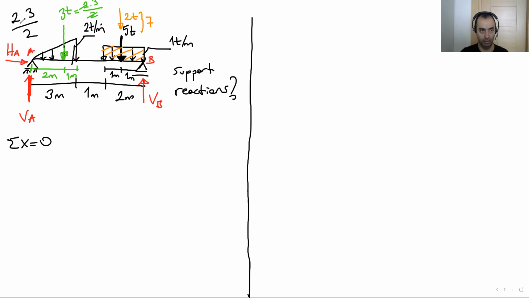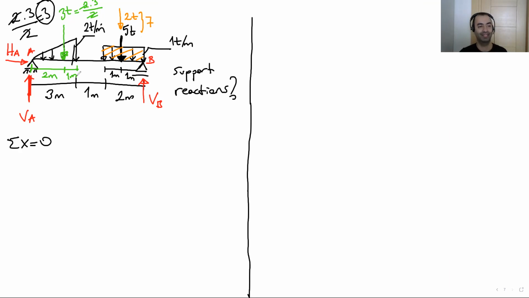This is a triangle, so the result is 3. Is it okay? Yeah. We did the same for this uniform distributed load. It's a rectangle, 2 times 1 is 2. I put it here. At the same point I also have in the question 5 tons, totally 7.